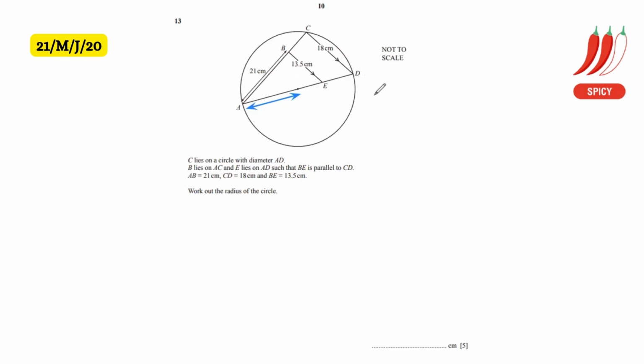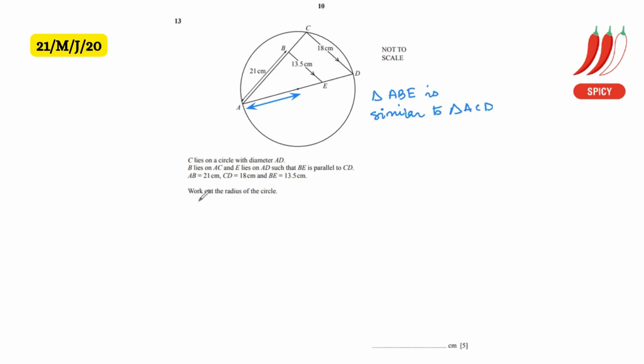So as you can see, triangle ABE is similar to triangle ACD. If you remember, similar shapes have a rule for length, area, and volume. And since in this case we're just dealing with lengths, the rule we're going to apply is that each length, which is similar to the other shape, is enlarged by the same scale factor for each of the lengths.